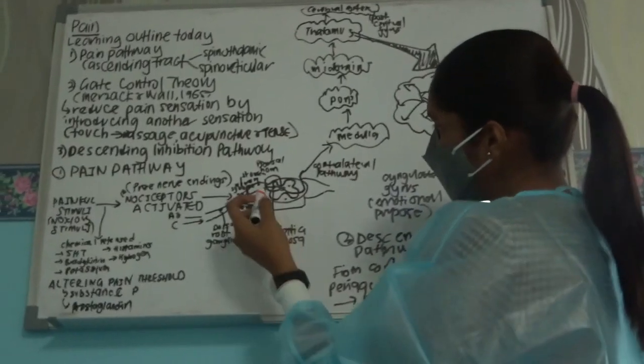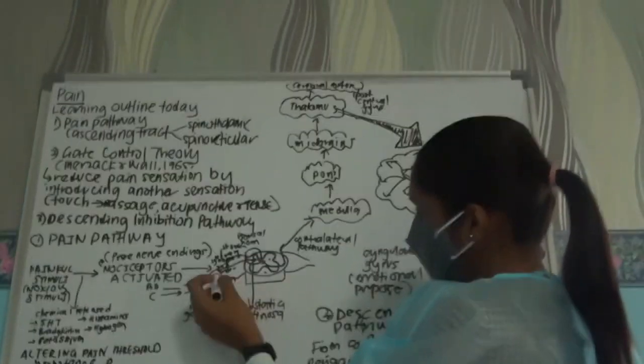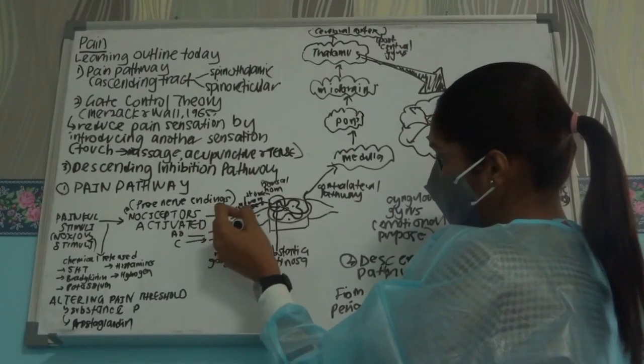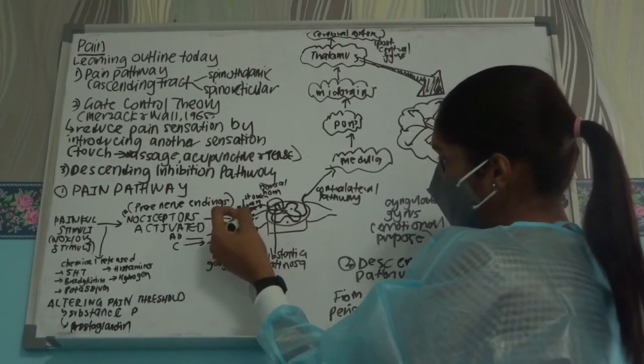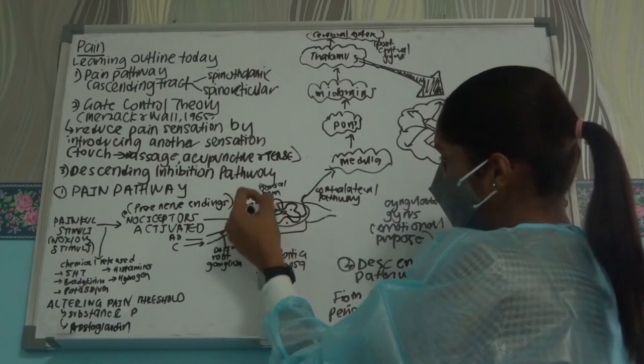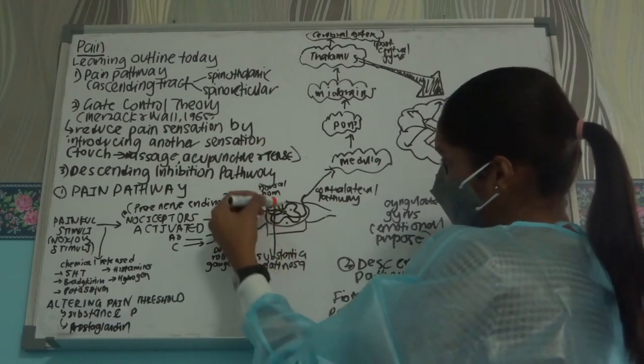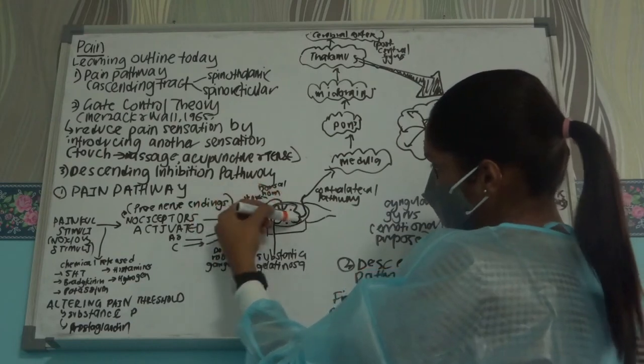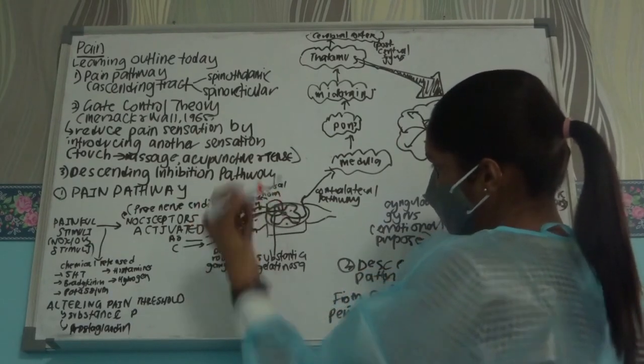Basically, this is the first order neuron, which goes out. Then after that we go to the dorsal horn. This is the dorsal part, this is the anterior part, and this is the lateral part.